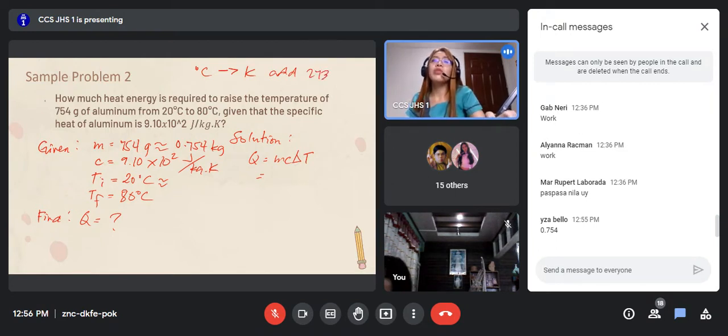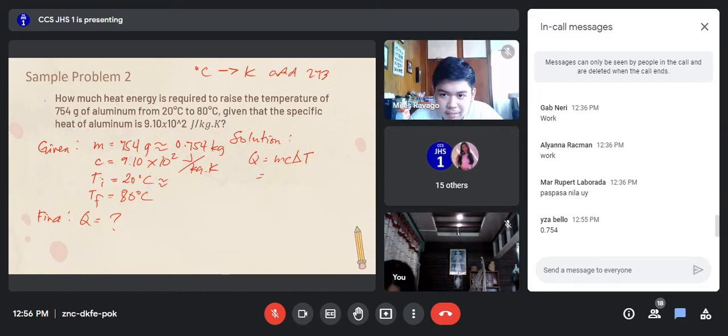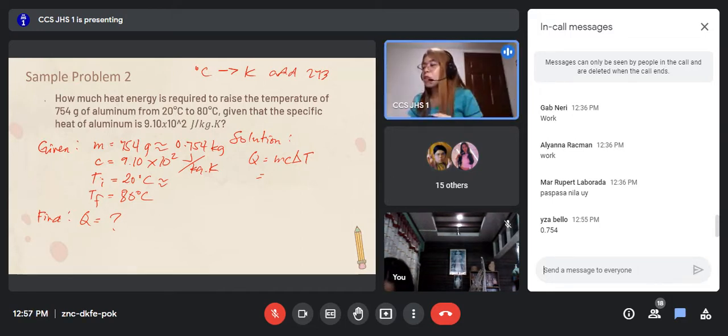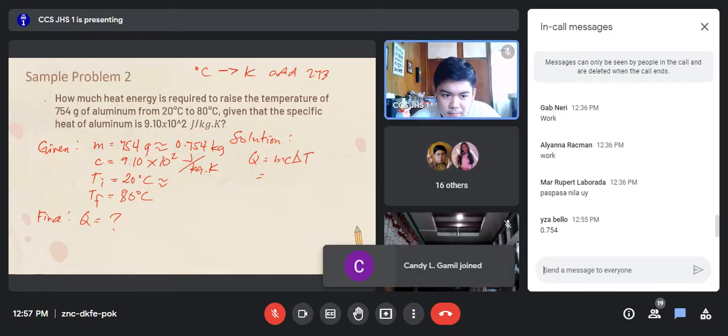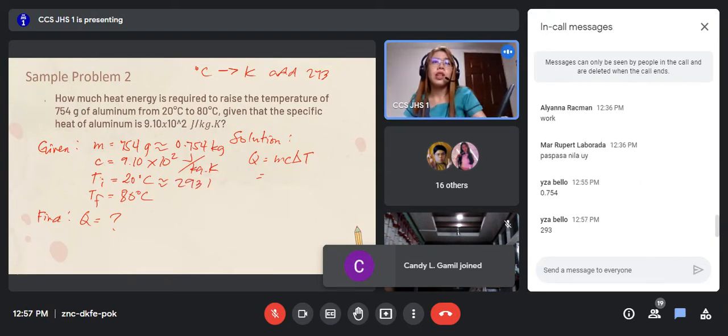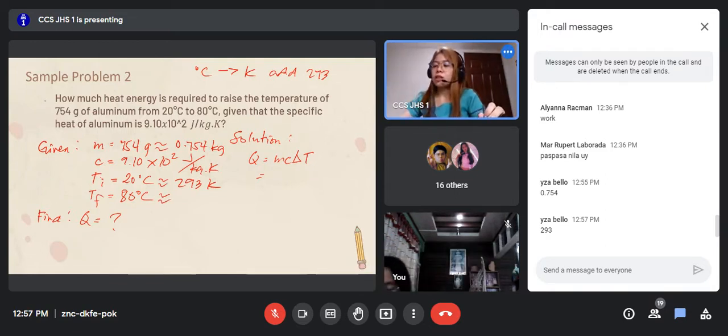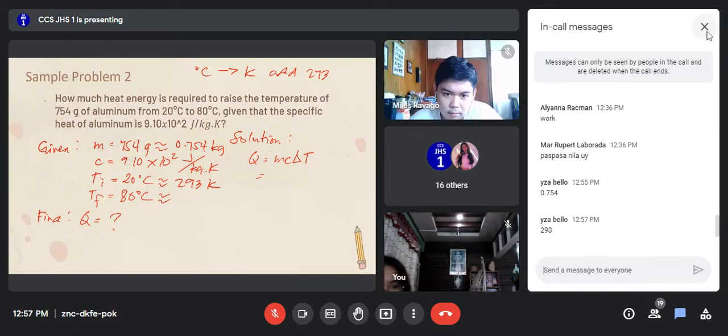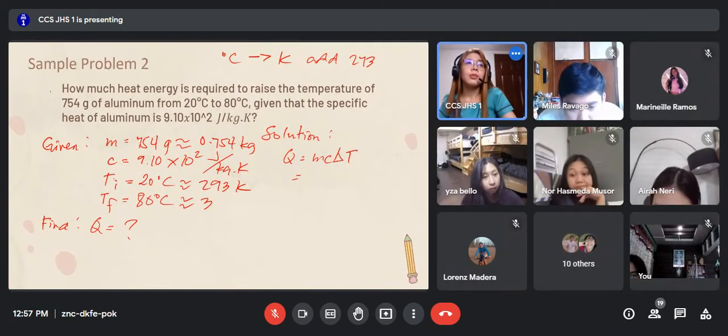It's actually 273.15, but we'll just use 273. So 20 plus 273 is 293 Kelvin. What about 80 plus 273? 353 Kelvin.